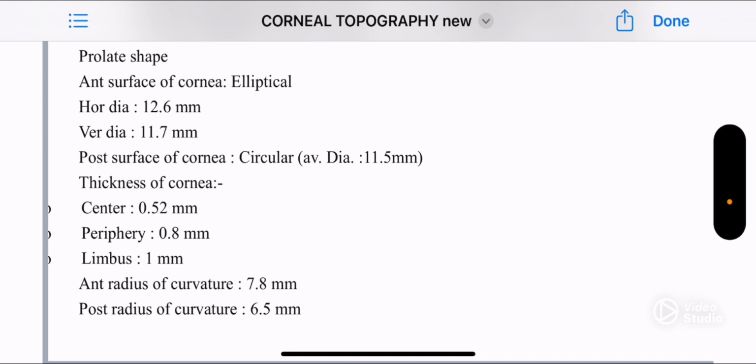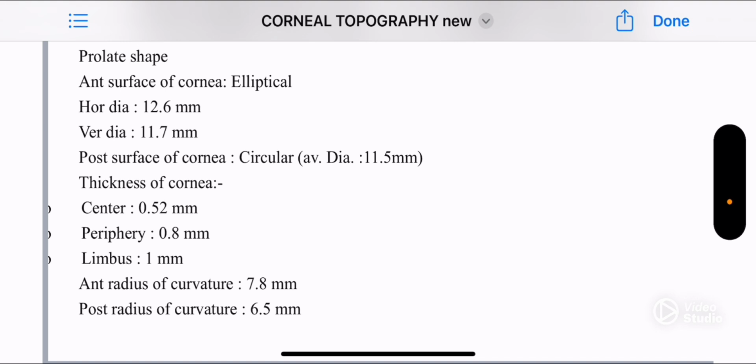The posterior surface of the cornea is circular, having an average diameter of 11.5. The thickness of the cornea varies from the center to the limbus. The center is the thinnest, while the limbus is the thickest.